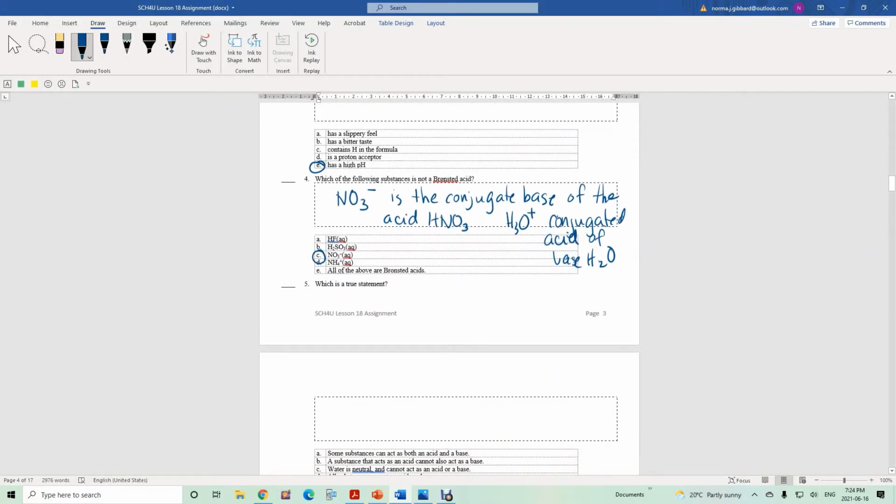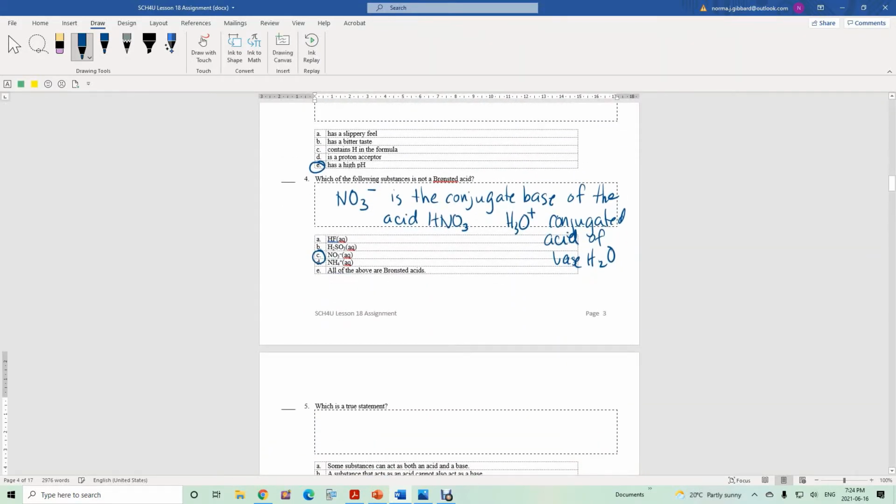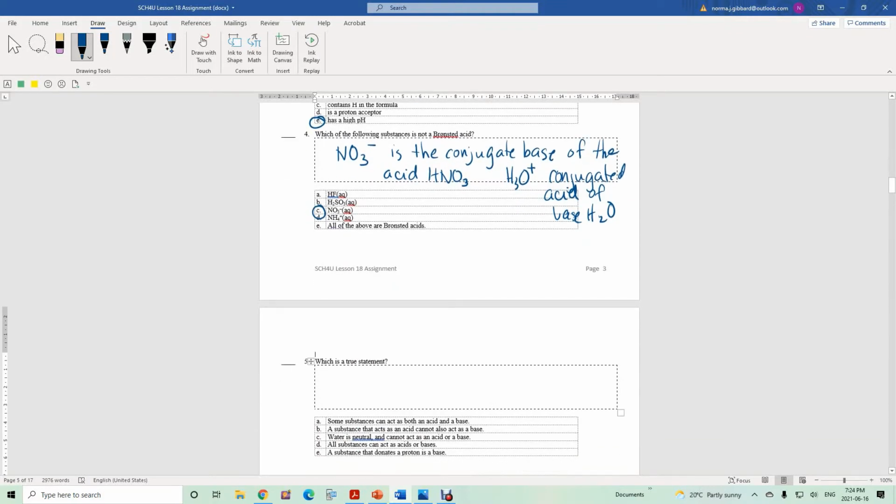Okay, number 5, which is a true statement? And the answer is B. A substance that acts as an acid cannot also act as a base. That's the definitions of acids and bases.